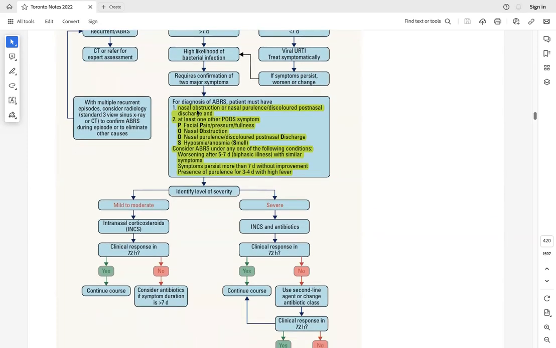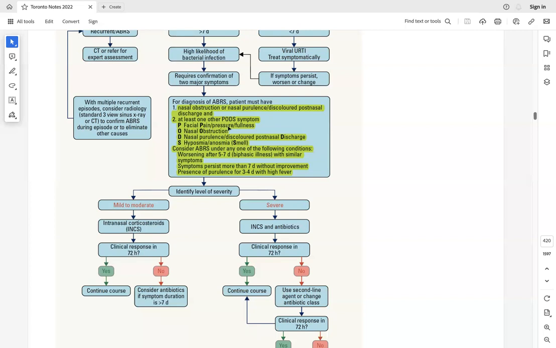That is nasal obstruction or nasal purulence or discolored postnasal discharge. And just remember this PODS one. Okay. If the patient has any of these PODS symptoms, then it is acute bacterial rhinosinusitis, or if the symptoms are for more than 7 days, or if the symptoms were getting better and now again worse. So what is in PODS?